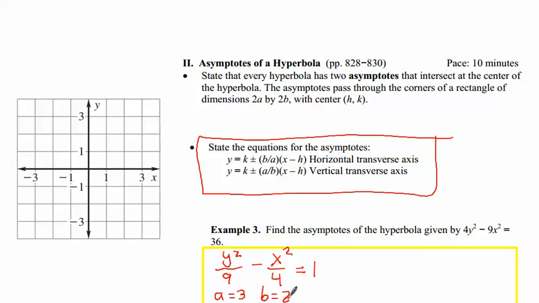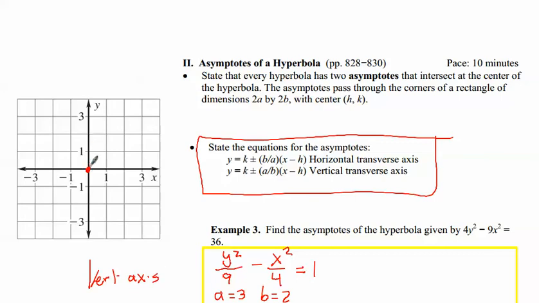So we can find the asymptotes simply, I'll show you the graphical method. Our hyperbola is going to have a vertical transverse axis, and it's centered at 0, 0.